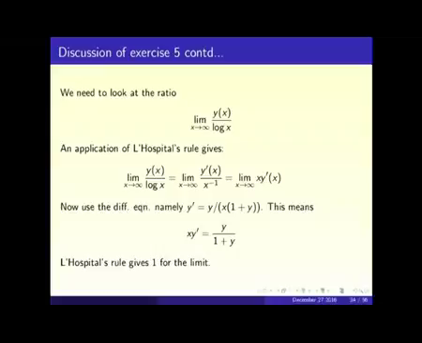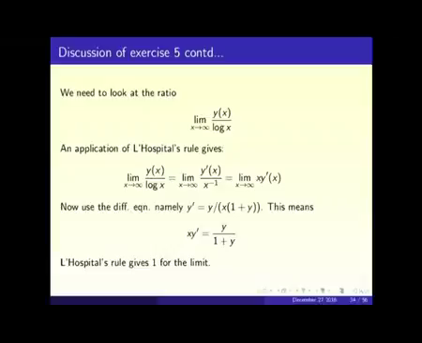It is dy by dx equals y upon x into 1 plus y, correct? That's the differential equation. So what is y prime into x? y prime into x is y upon 1 plus y. So x y prime is y upon 1 plus y.